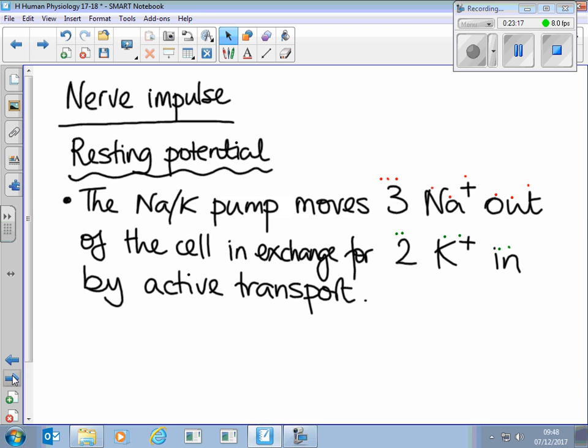Well, the trick is to pull out individual words, take their initial letters, and then find something else that starts with those letters that will help you. Very often, the ruder the better. Anyway, that hopefully will help you remember 3 sodium out, 2 potassium in.